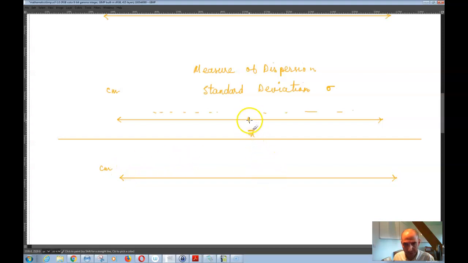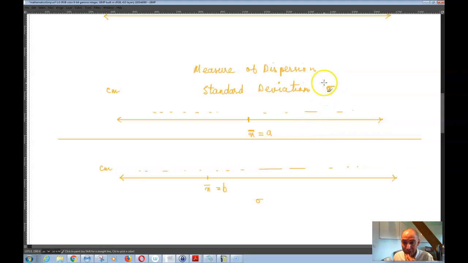Now, the x bar over here is equal to A, and the x bar over here is equal to B. For example, this is equal to 100, this is equal to 80. And you have all of these observations around your mean, and you will get some value of sigma over here.